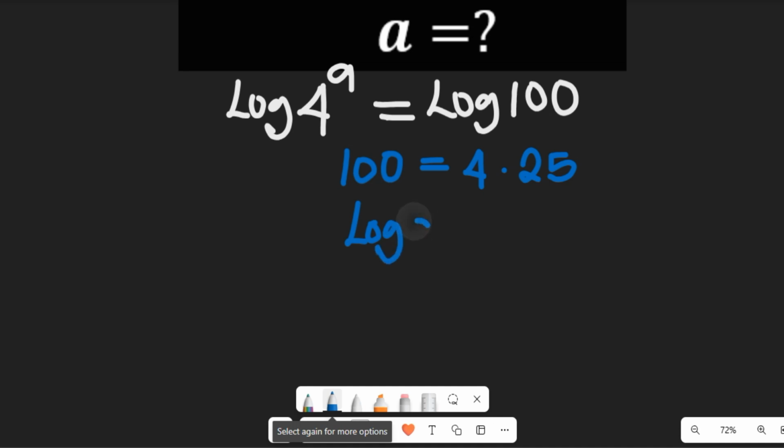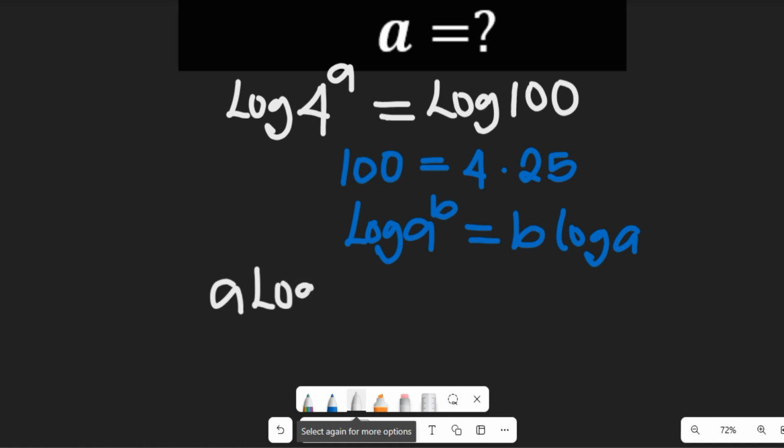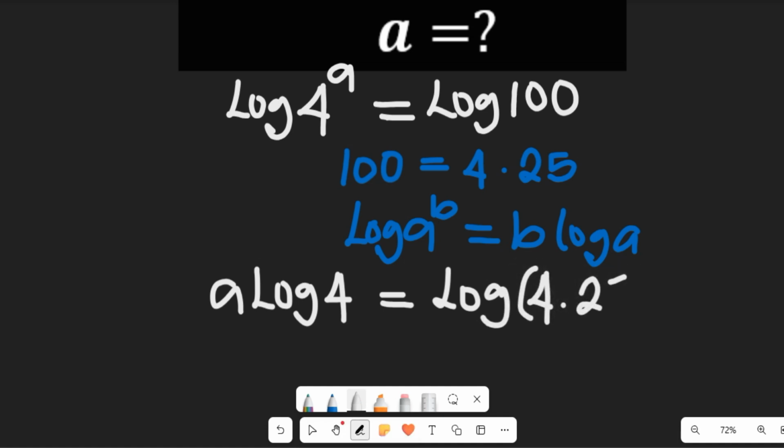If you have the log of b to the power a, this can be equal to a multiplied by the log of b, right? So if I apply this to those expressions, this is going to give me a log 4, right? And this will be equal to the log of 4 multiplied by 25.